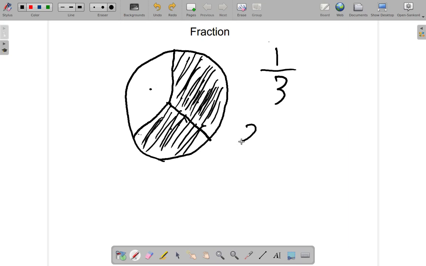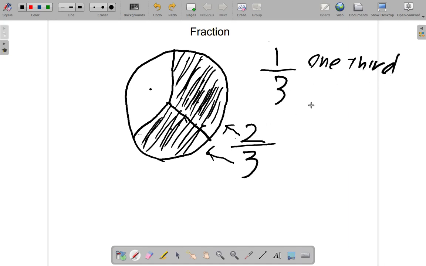So I get 2/3 of it. So there is 1/3 here and the other third here. I get 2/3 now. So this is 1/3, right? 1 out of 3. One of the thirds, 1 out of 3. This is 2/3, 2 out of 3.